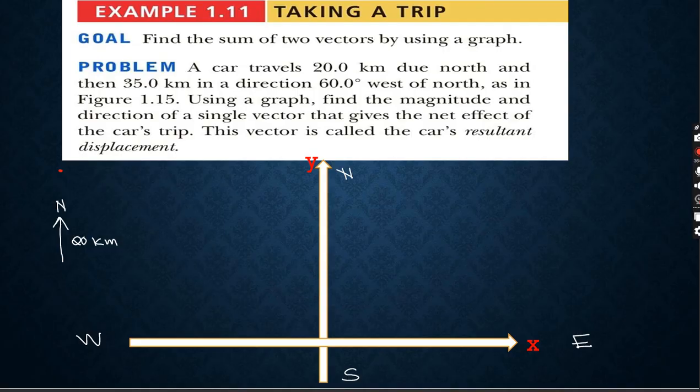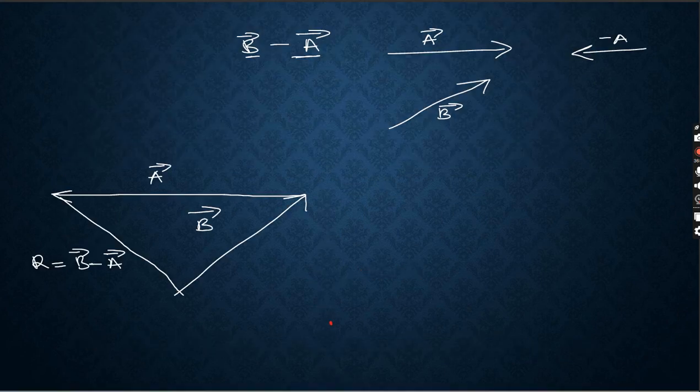Our first motion is that it moved 20 kilometers due north. So we're going to draw the line from the origin all the way to where we can estimate our 20 kilometers is going to be. So it moved in this direction.